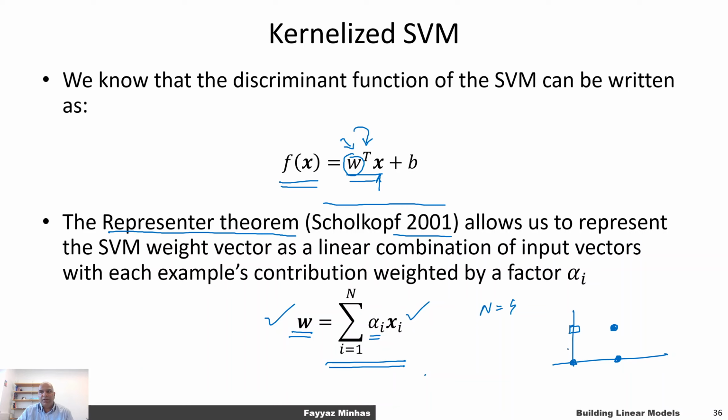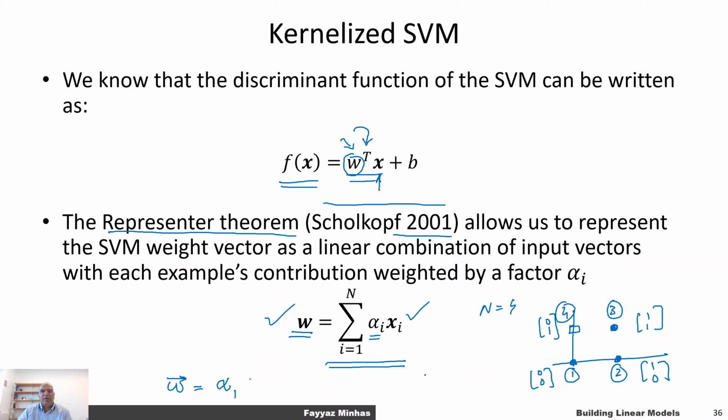Let's say we got 4 examples, and let's label them: example 1, example 2, example 3, and example 4. Let's say the feature representation of example 1 is 0, 0, example 2 is 1, 0, example 3 is 1, 1, and example 4 is 0, 1. Then what this equation shows is the representer theorem, and what that means is we can write the weight vector of the support vector machine in the following form.